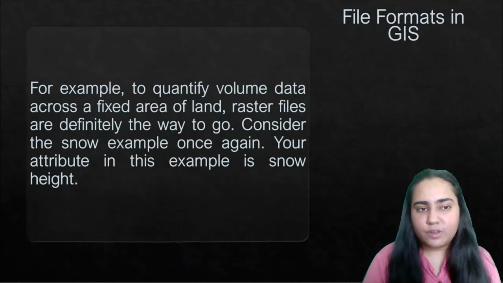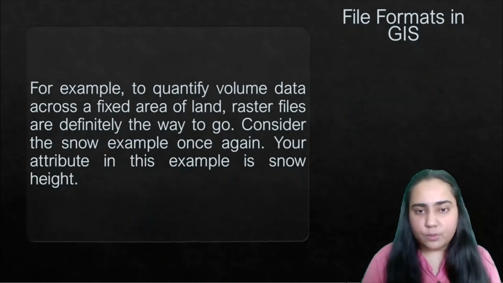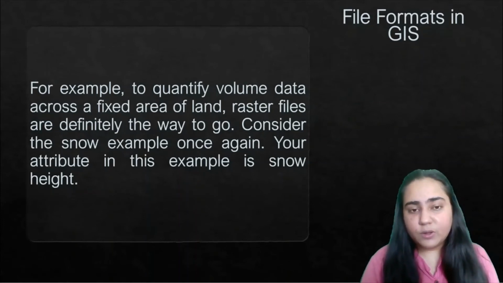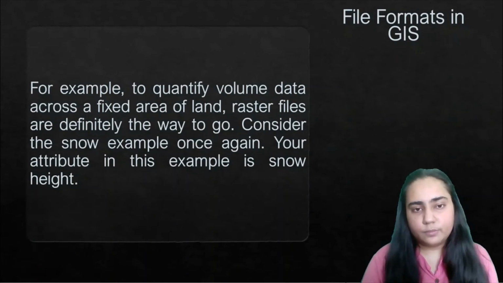So if you have to quantify volume data across a fixed area of land, then raster files are the way to go because you could show different colors. Okay, to show that the snow height is more or less over here, you could use different colors in raster format, and you could also make more boxes to show that the height of snow here is more.